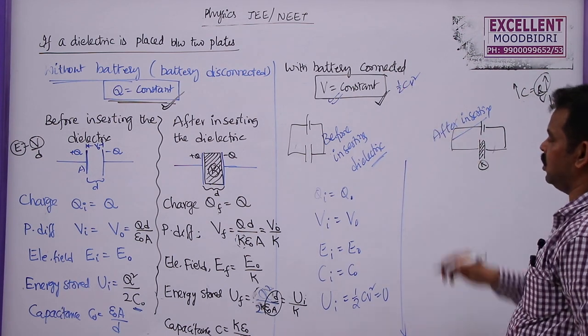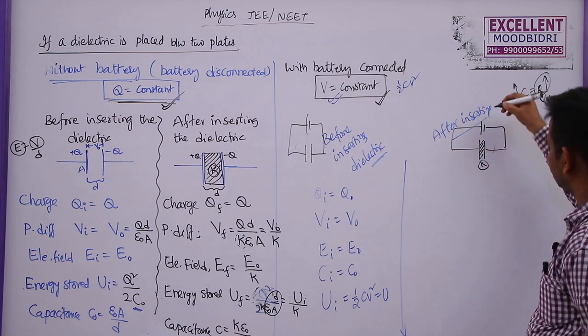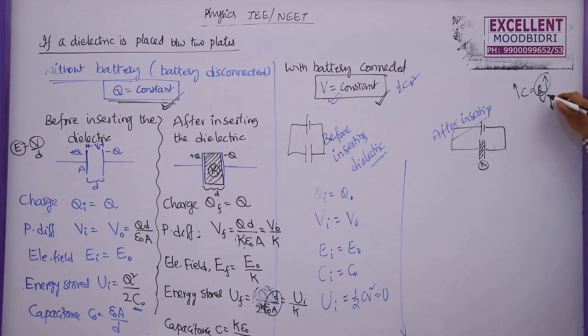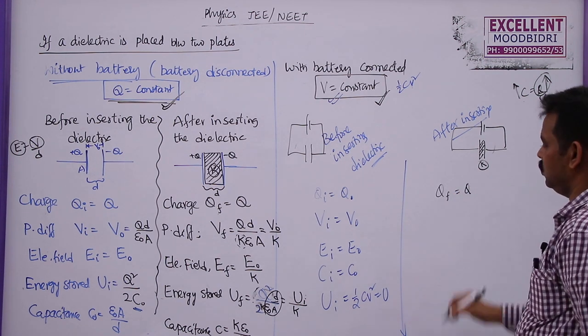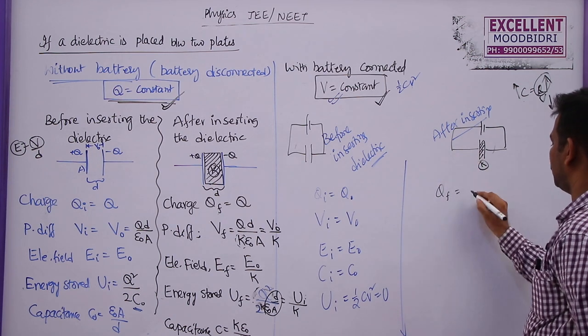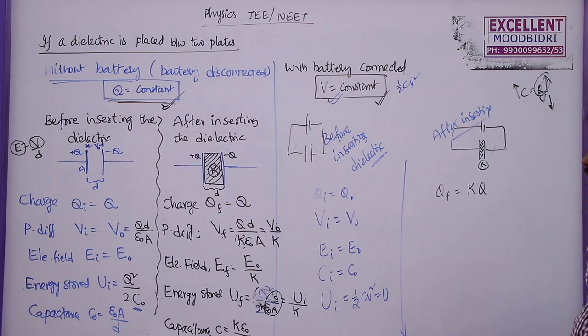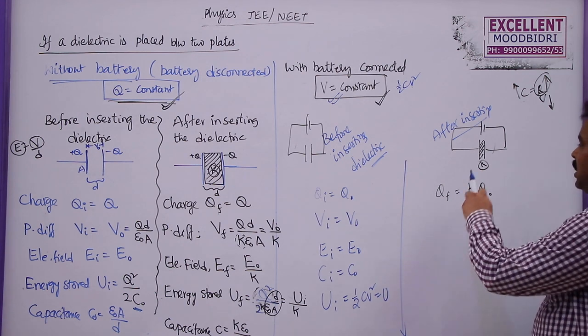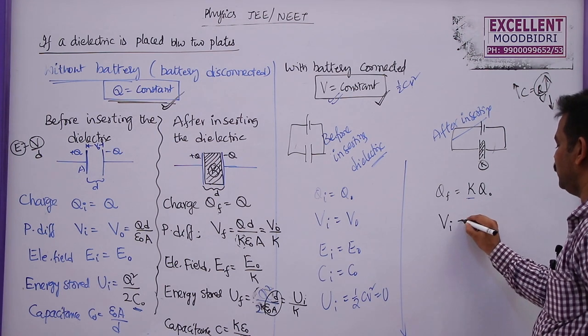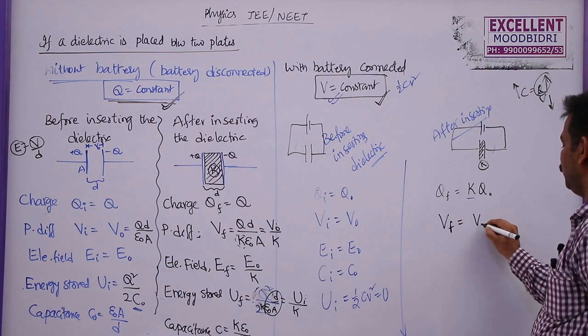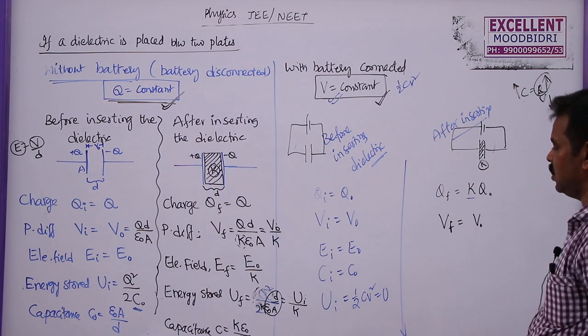As the potential is constant, by inserting the dielectric the potential decreases, the capacitance increases, and the battery will supply more charge. So the new charge will be K times the initial charge, K Q naught, and the new potential V final is V naught only, because the potential remains constant.